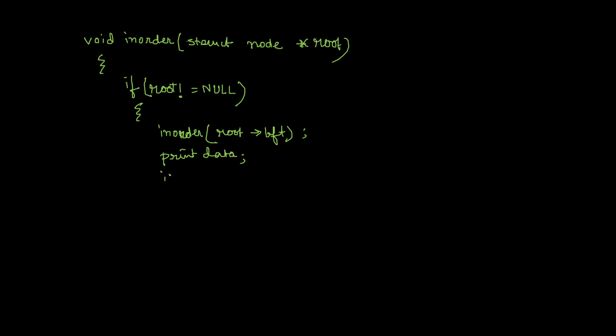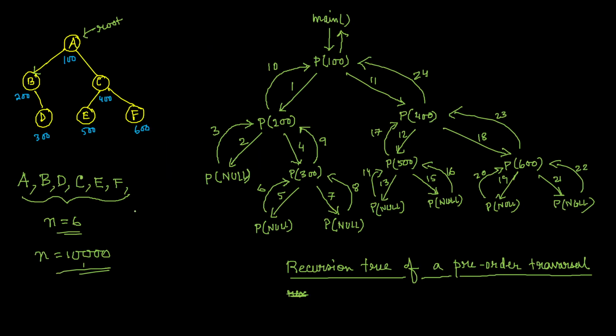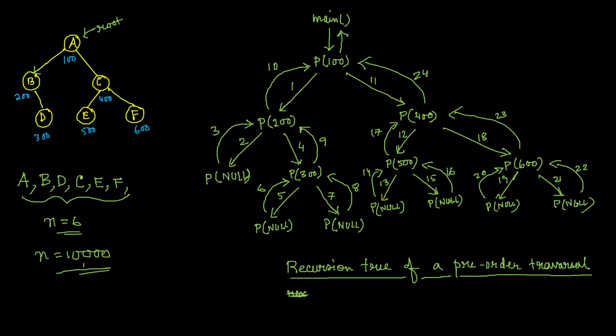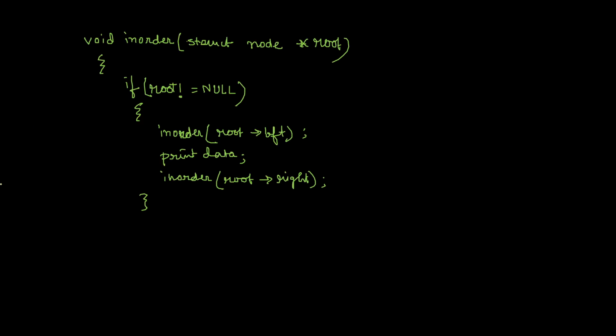And then I will call one more in-order function for printing the right subtree. So with respect to the recursion tree technique, you will see it is almost the same. Maybe the numbering will be different, but the recursion tree is the same for an in-order function also. The difference will be only in the traversal order, because of the change of order of these three lines.